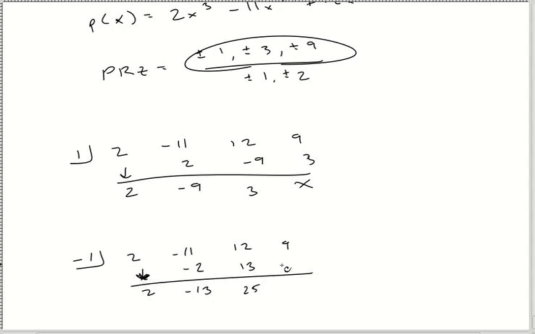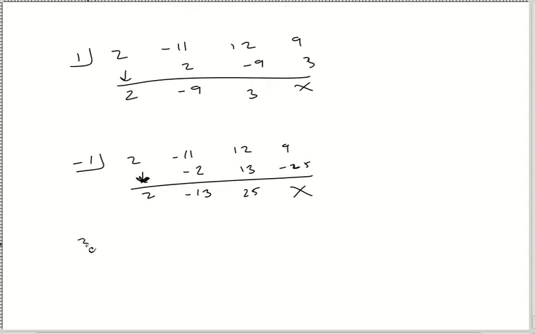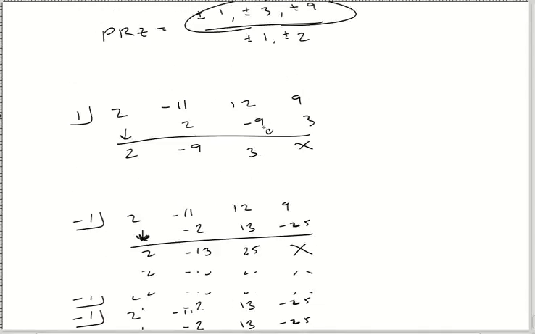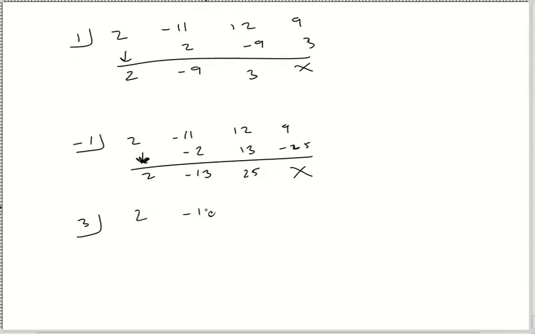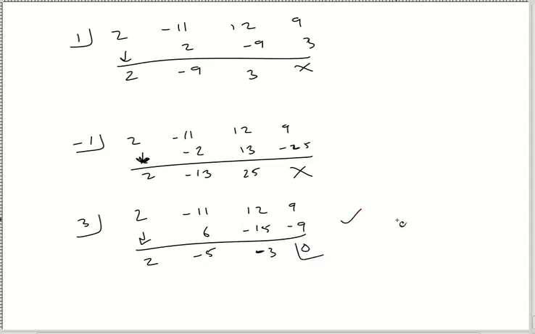Oh my, this is way not going to work. Okay. The next whole number is a 3. Again, I'm just trying stuff out. 6, negative 5, negative 15, negative 3, negative 9, right? 3 times 3 is 9. Aha! We got it.